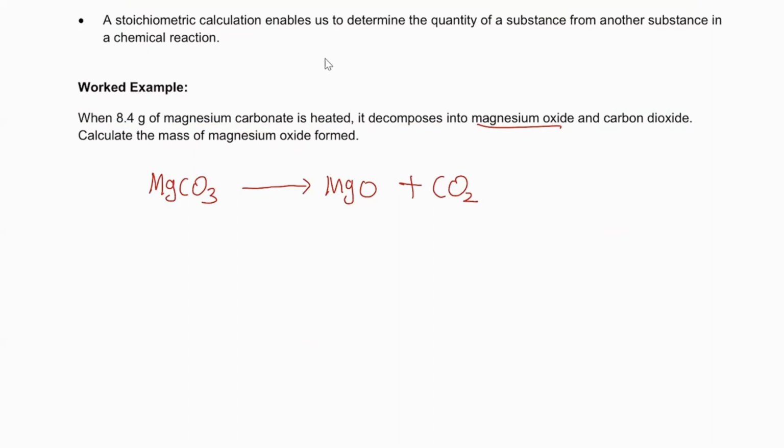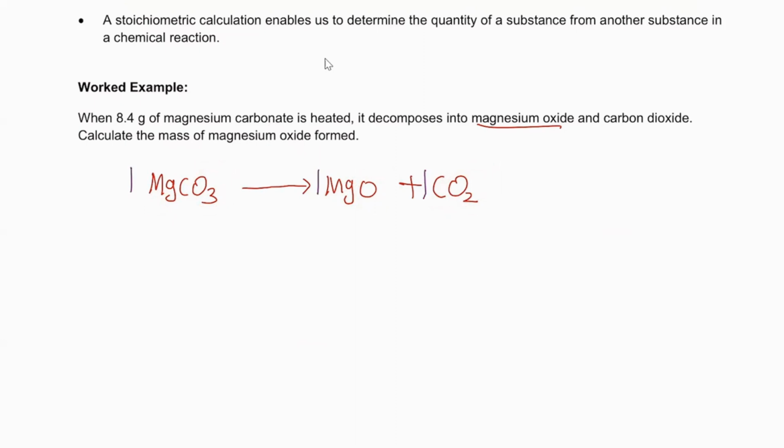Now, the next thing is I must balance the equation. Balancing the equation simply means that I must make sure all the elements on the left and right are the same. You see 1 Mg on the left, 1 Mg on the right. 1 carbon on the left, 1 carbon on the right. 3 oxygen on the left, 3 oxygen on the right. This is called a balanced equation, which means all the numbers at the front are 1 to 1 to 1.